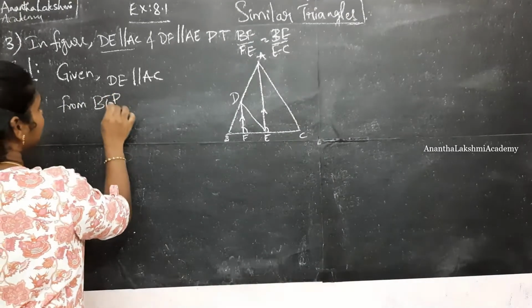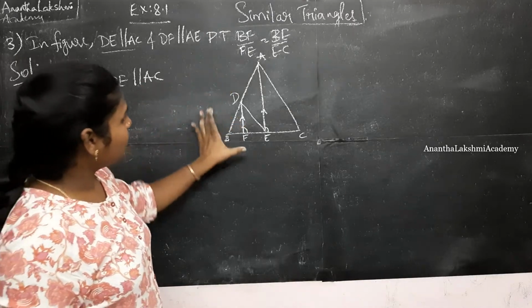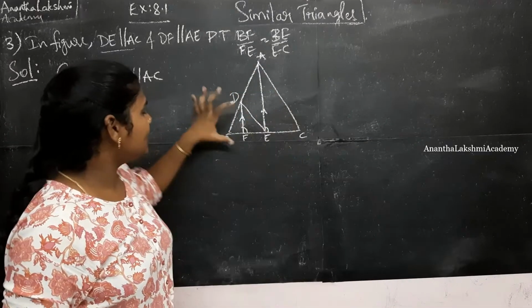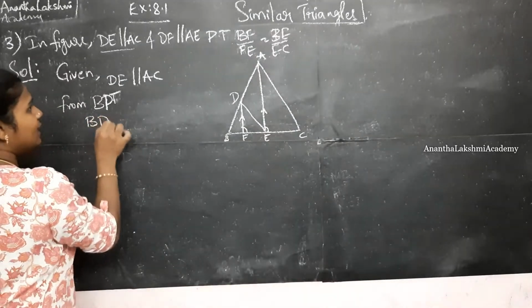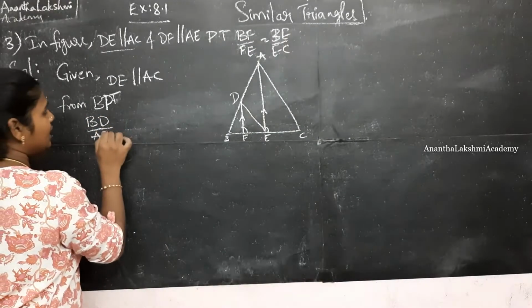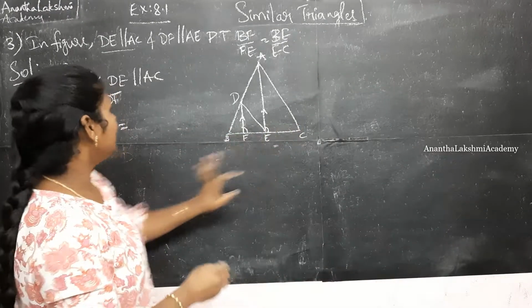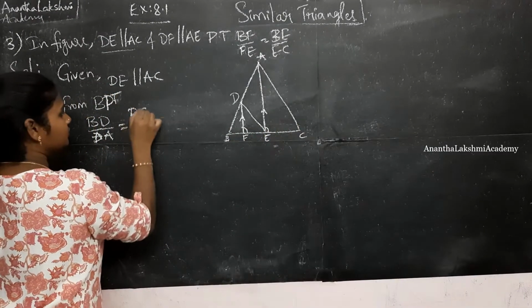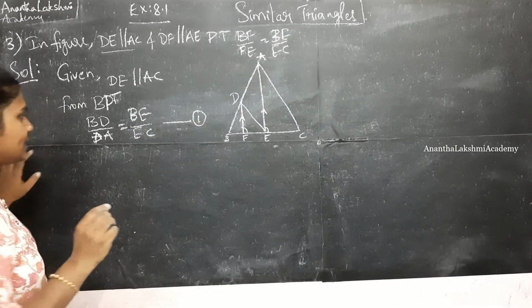When DE is parallel to AC, the ratio of the sides should be equal, such that BD by DA is equal to BE by EC. Let us call it equation 1.